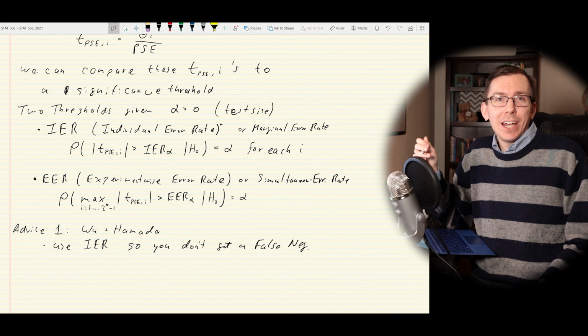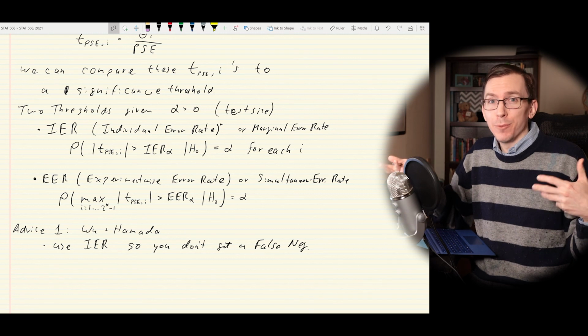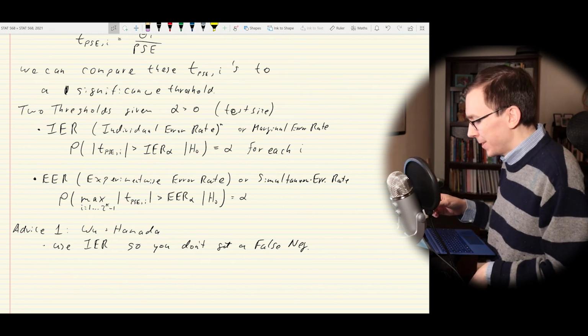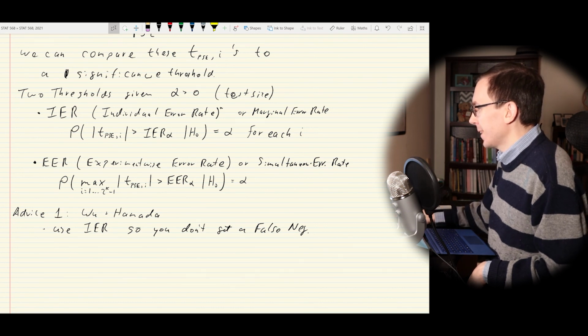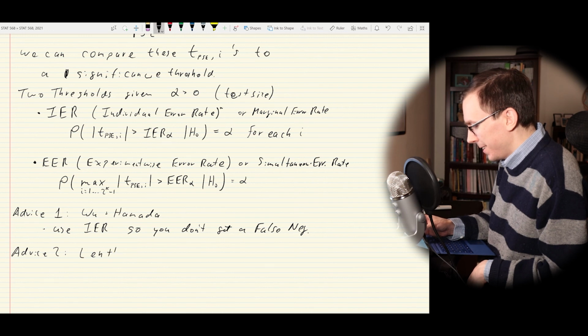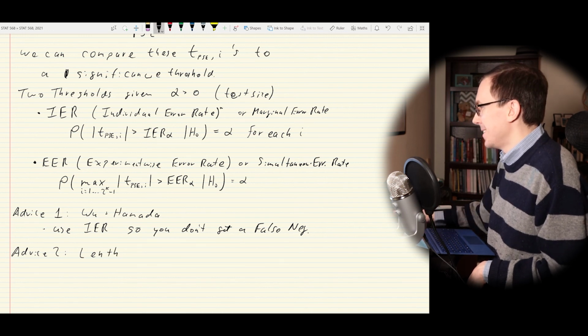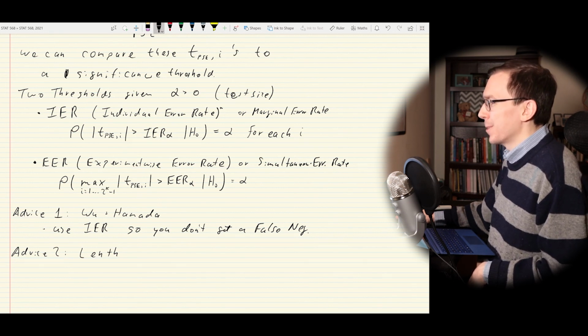Now, of course, in practice, you have to consider the cost of a false positive versus a false negative. One may be worse than the other. Neither is good, but one may be worse than the other. Now, we also have advice 2, which came directly from reading Lenth's work. And what Lenth said was basically this method should not be used in replicated experiments where the standard error can be estimated more efficiently by traditional analysis of variance methods.